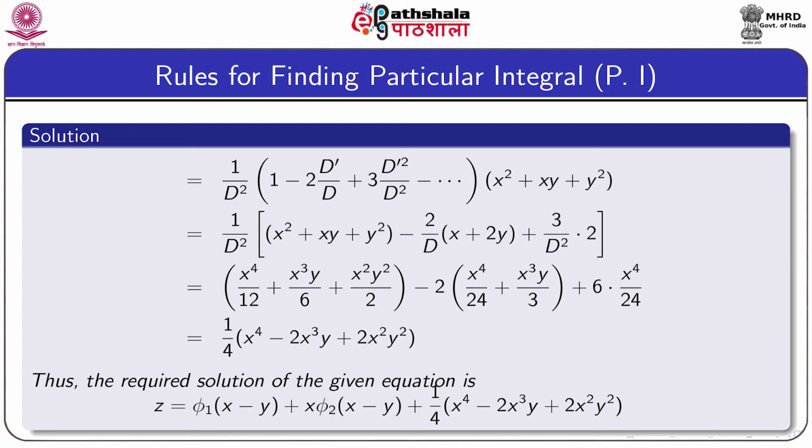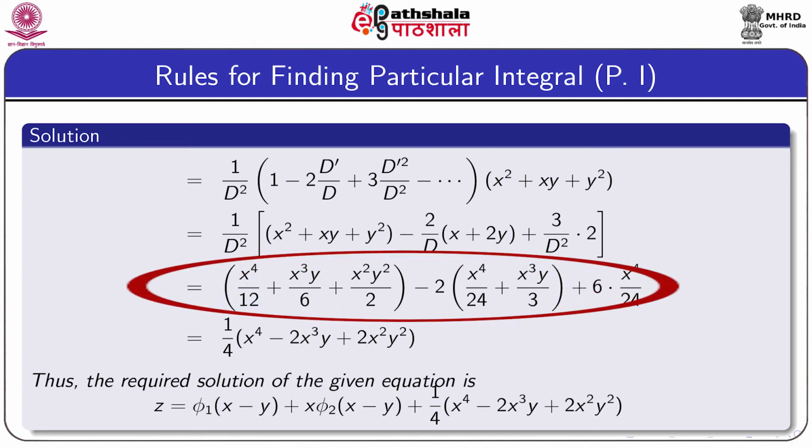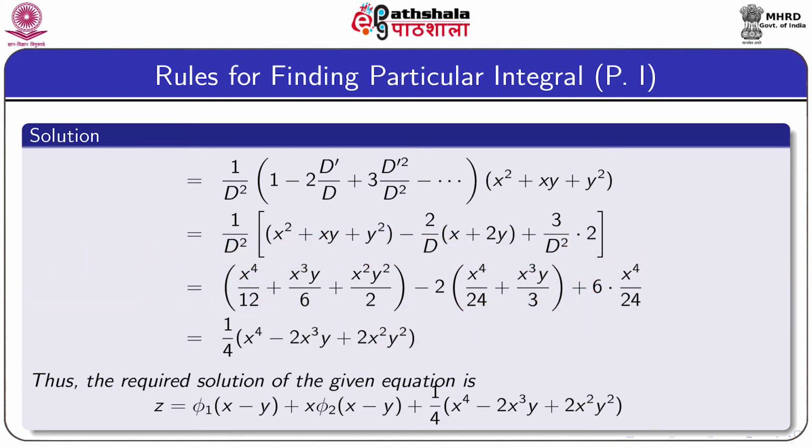Now, you have to remember that d represents the differential operator with respect to x. Therefore, 1 by d represents the integration with respect to x. So, 1 by d square is nothing but twice integration of the function x square plus xy plus y square with respect to x. So, this gives the term x to the power 4 by 12 plus x cube y by 6 plus x square y square by 2.